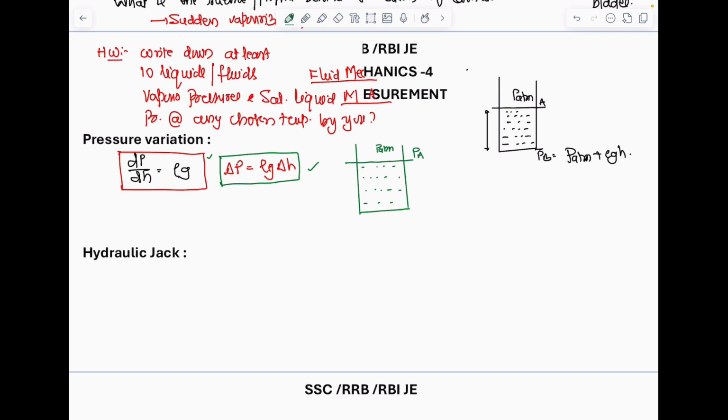This is PA. This is PB. This is H. Let me say I have defined another point, H1 here. This is H1. This point I can say is C. And this height is H2. Now, from this diagram we can say that H is equal to H1 plus H2.